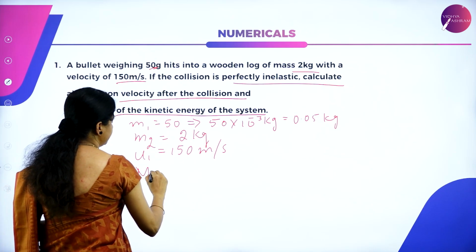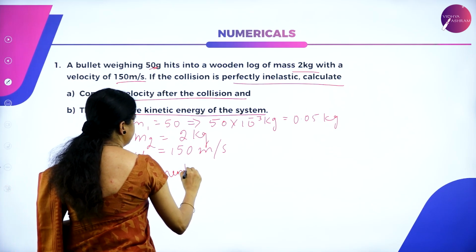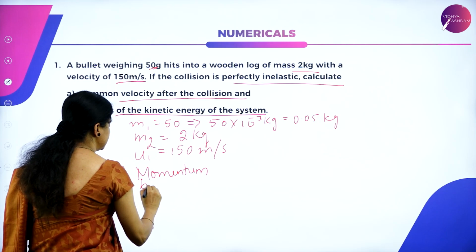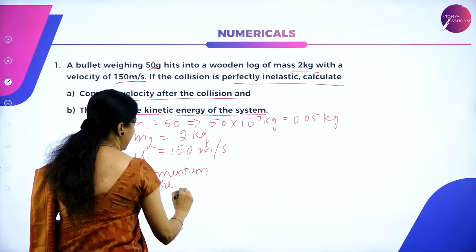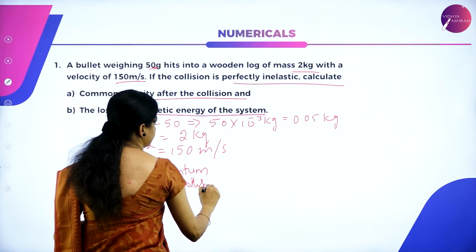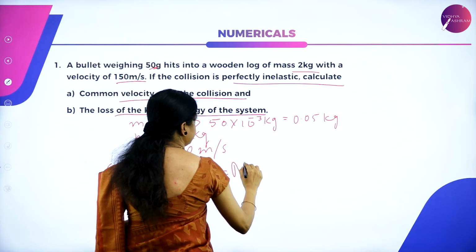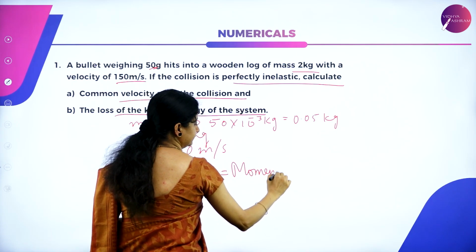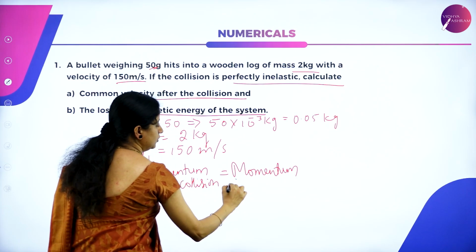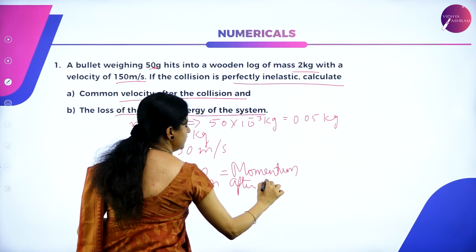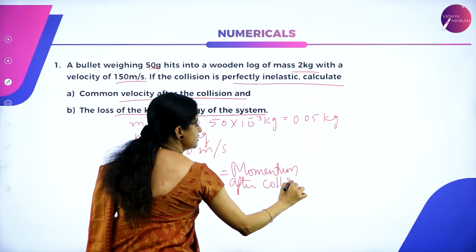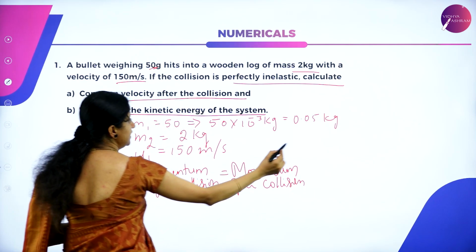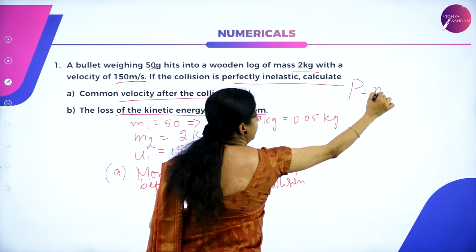For that we have to consider momentum before collision is equal to momentum after collision. How do we write the expression for momentum before collision? The general expression for momentum is P is equal to mv.